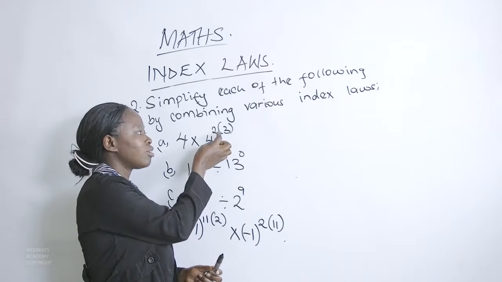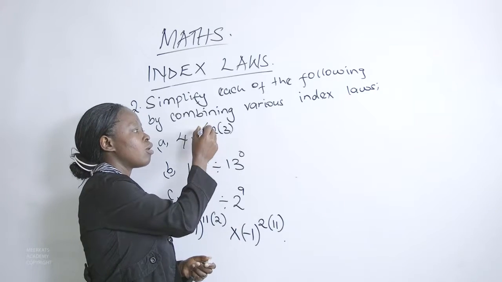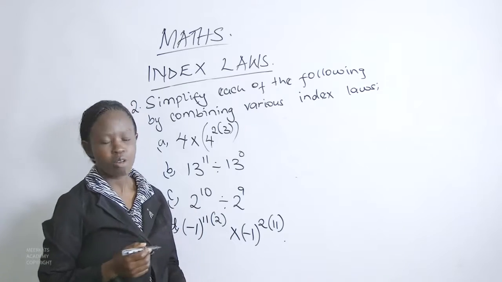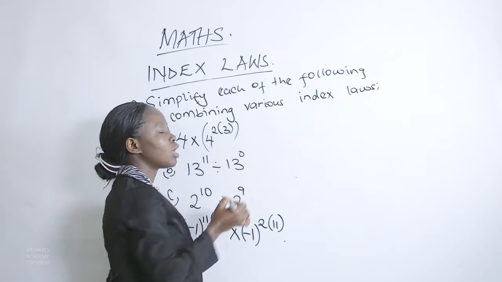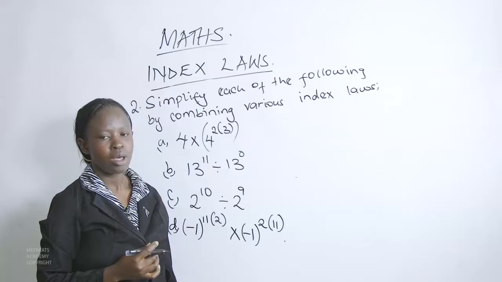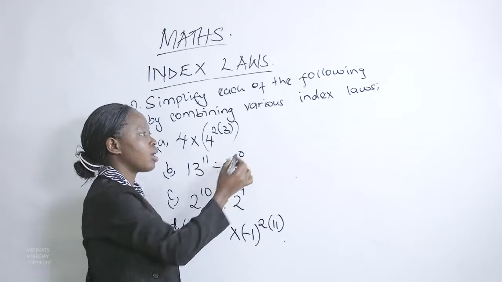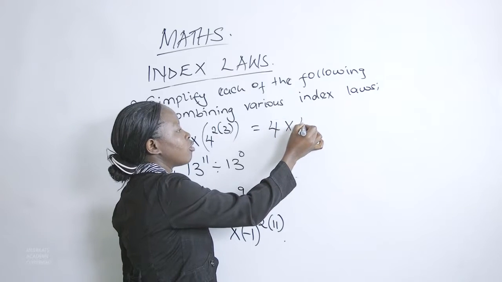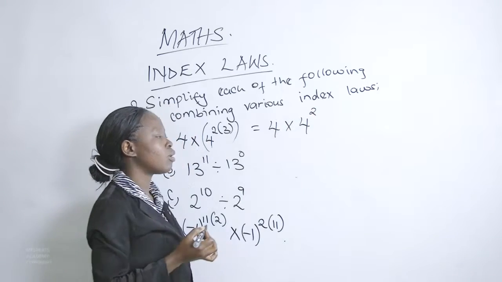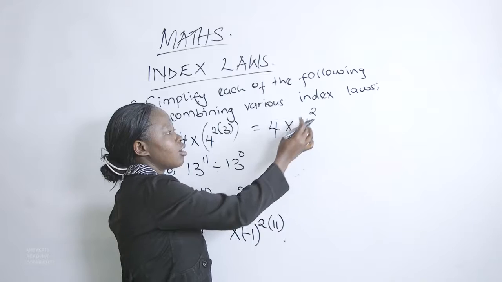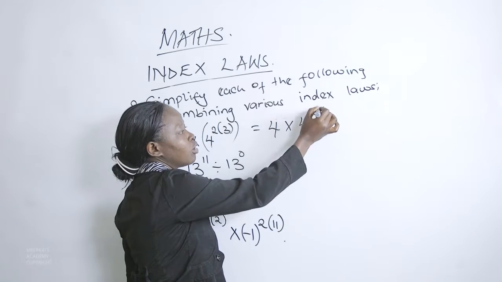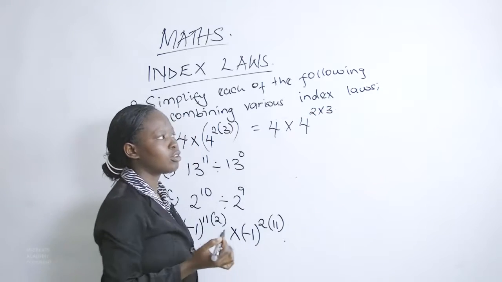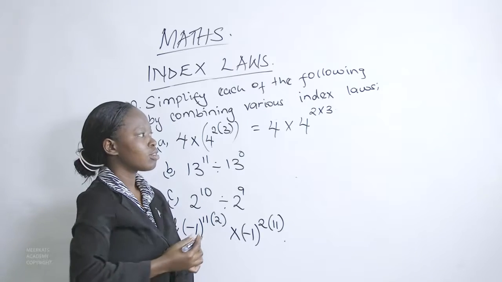So we are starting with 4 to the power of 2 to the power of 3. So it means when we have a power of a power, we simply multiply our powers. So 4 times 4 to the power of 2 to the power of 3 means that I have 4 to the power of 2 times 3. And 2 times 3 is 6.